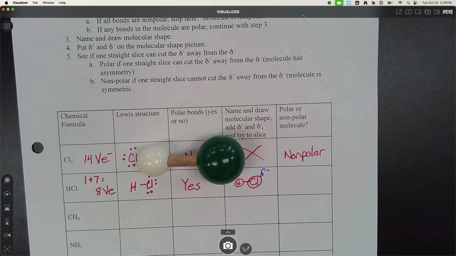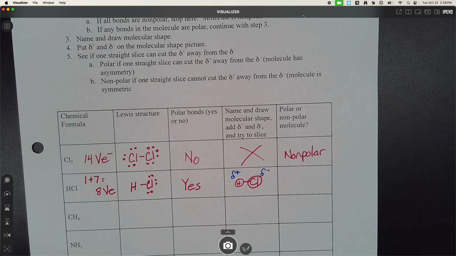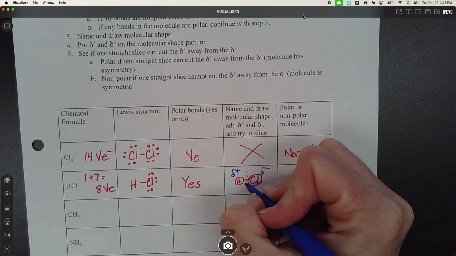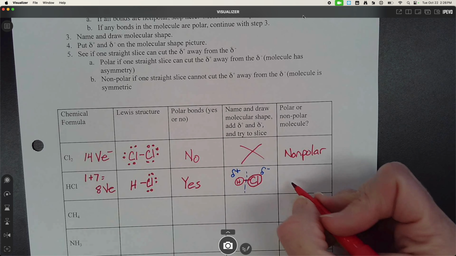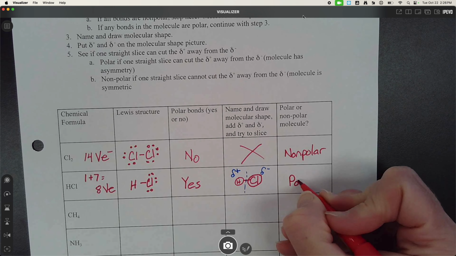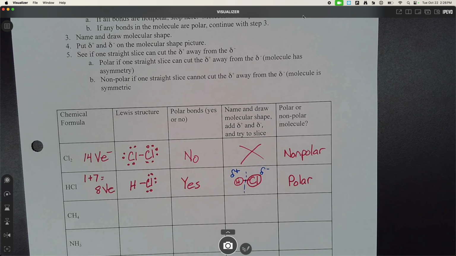The other way to look at it is, if you pick up the molecule, can you put all the positives toward you and all the negatives the other way? And I can't. I can point the hydrogen at me, which causes the chlorine, which is negative, to point away from me. So all of those things are evidence that my molecule has sides and that the molecule is going to be polar. So it's a molecule that has ends.